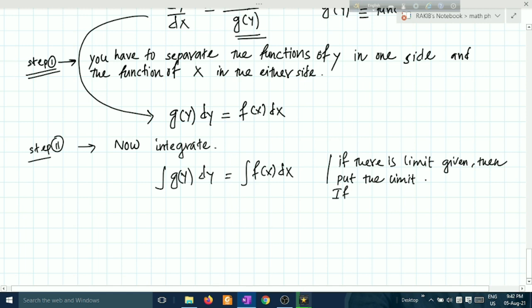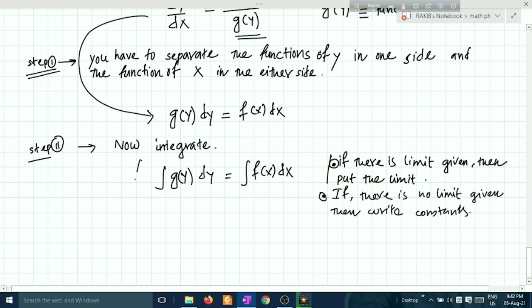If there is no limit given, then write the constant.